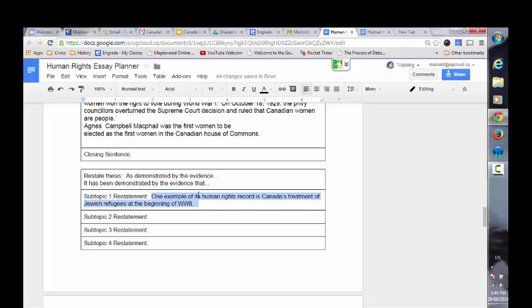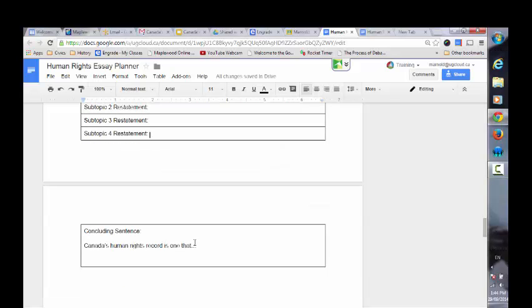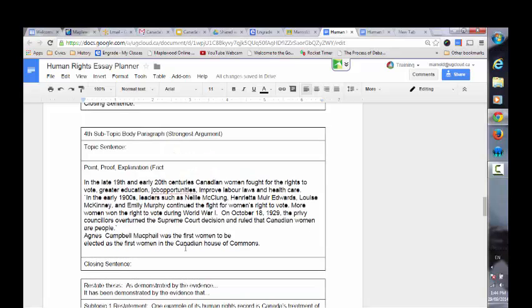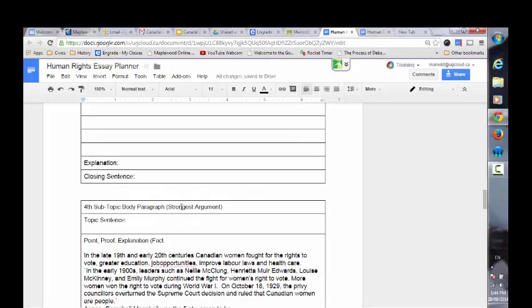Down here, one example of its human rights record is Canada's treatment of Jewish refugees at the beginning of World War II. Subtopic 4 would quite simply be Canada's treatment of women, or women's rights in Canada. And then finally, your concluding sentence, Canada's human rights record is one that evokes whichever.